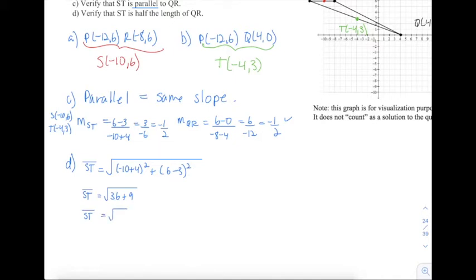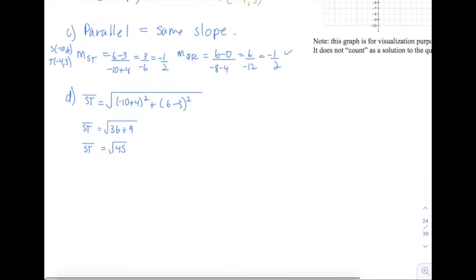So we get root 45 here. And that one's pretty easy to reduce because we all know that 45 is 9 times 5.